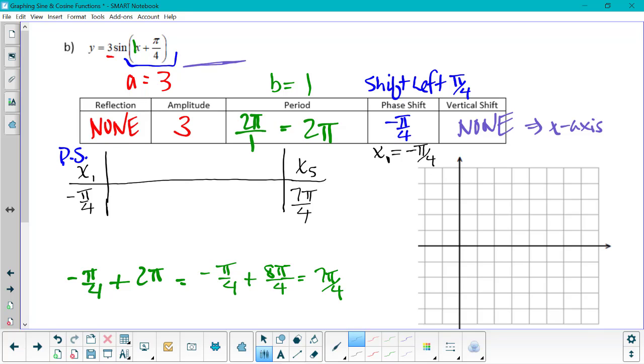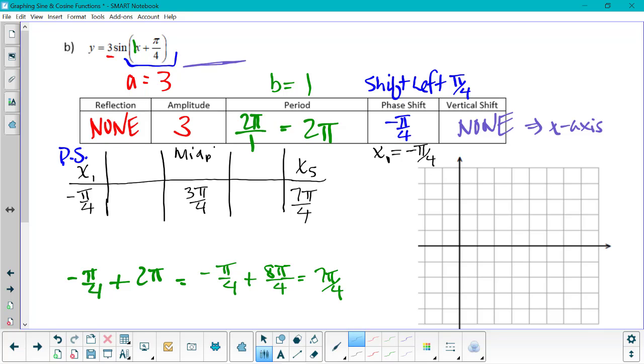Now, you might be comfortable with just coming up with the midpoint. So you're basically saying what's halfway between -1 and 7. If you average those, -1 plus 7 is 6, divided by 2 is 3. So the midpoint should be at 3 pi over 4.